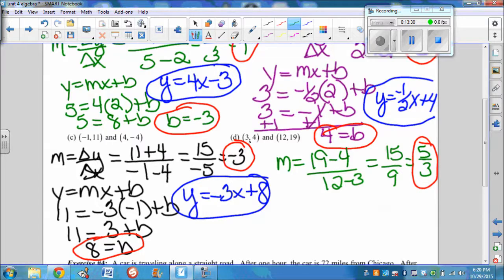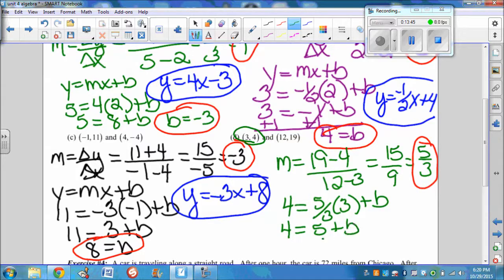I think I might pick the first point to work with, that (3, 4). So 4 equals mx plus b. 4 equals 5 plus b, and b ends up being negative 1. There is your second parameter, and plugging that into our equation, we end up with y equals 5/3 x minus 1.